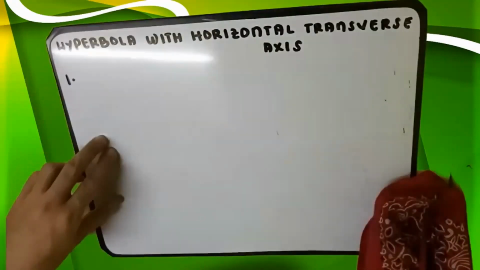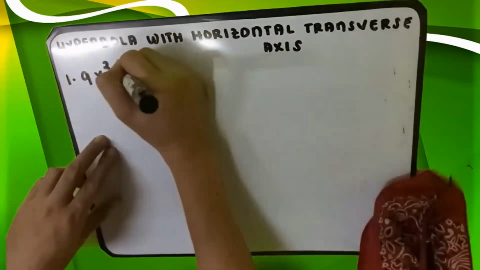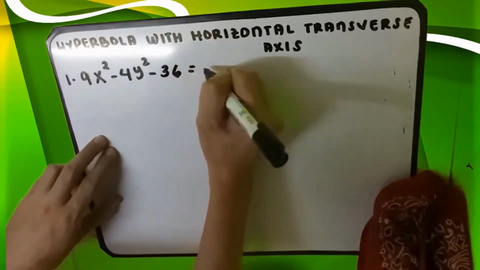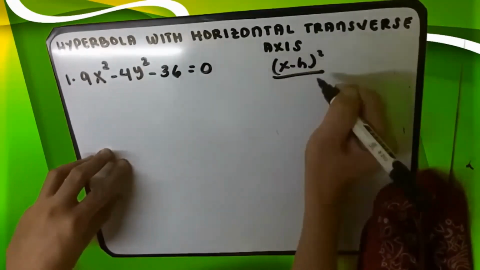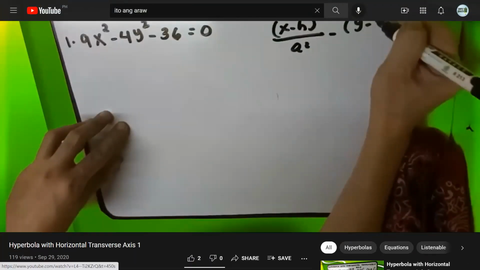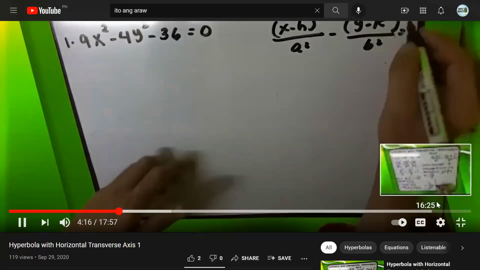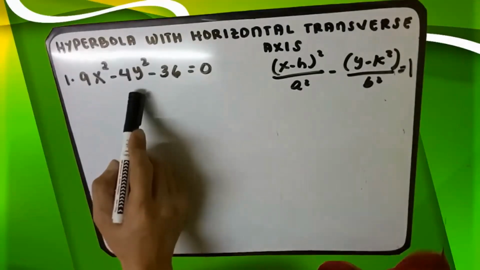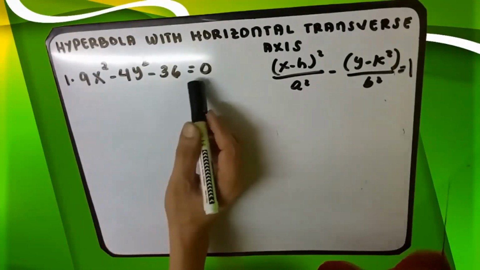For the first example, we have, so given this equation, kailangan natin siyang i-transform sa ganitong format. So 9x squared minus 4y squared minus 36 equals 0.